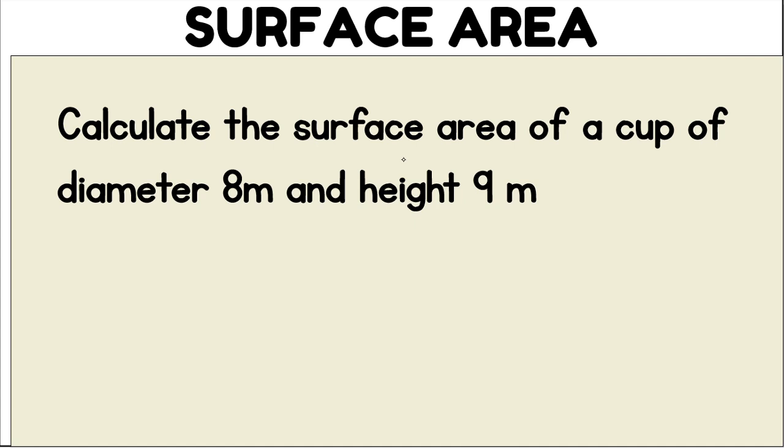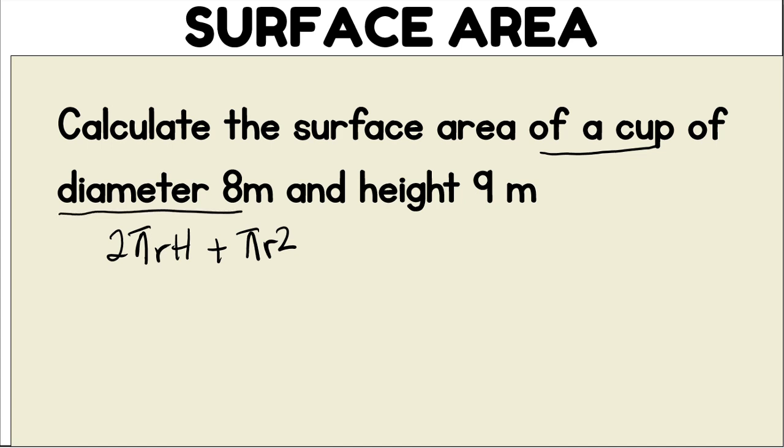You can try this question out and leave your answer in the comment section. I'm going to leave some hints on this question. The first one is, remember that we are looking for the surface area of a cup. So that will reduce the formula to 2 pi rh plus pi r square. Another hint I would like to drop is that what was given is the diameter and not the radius.